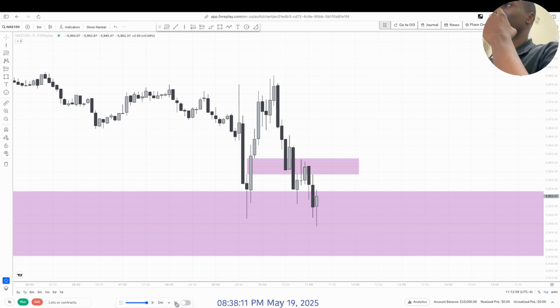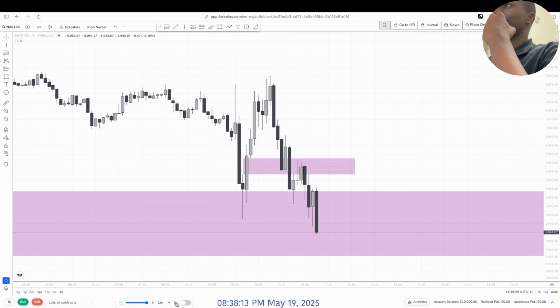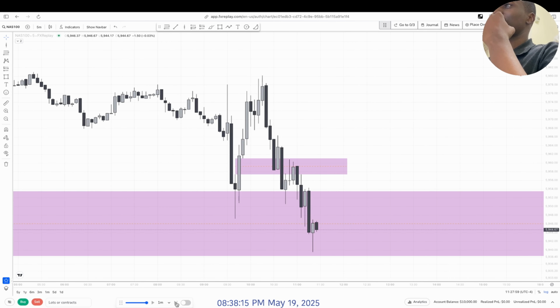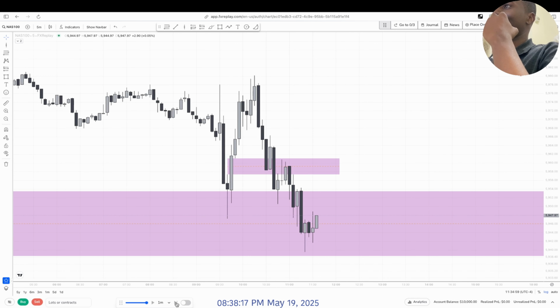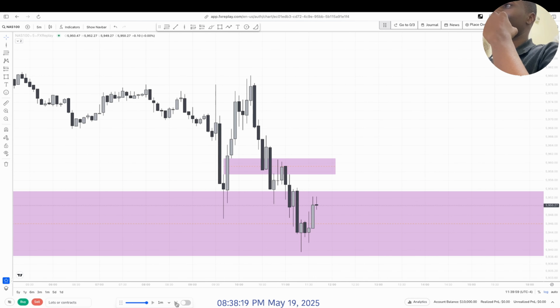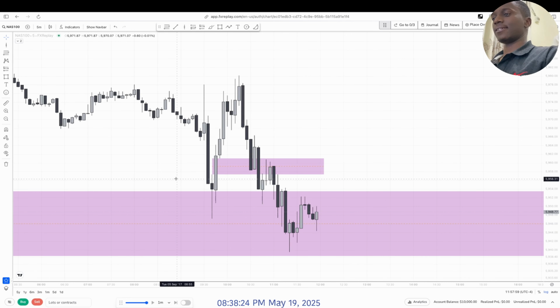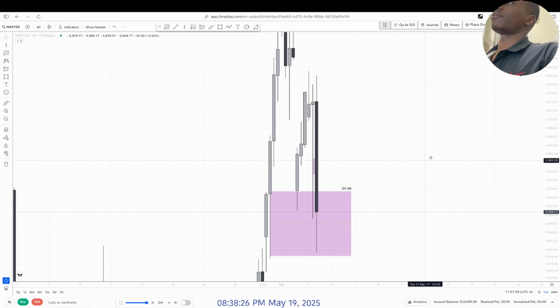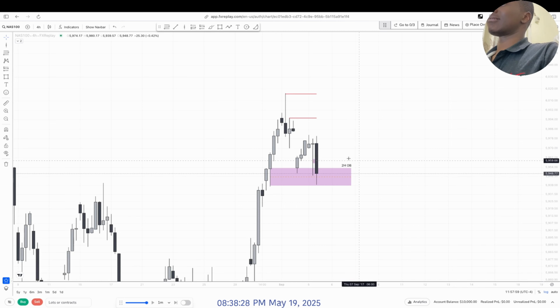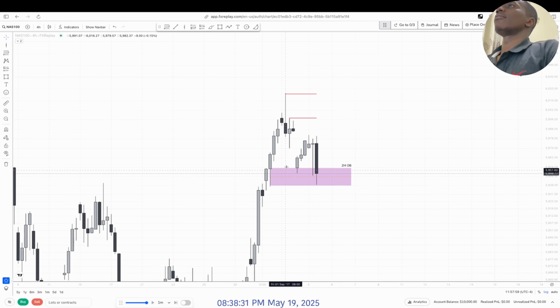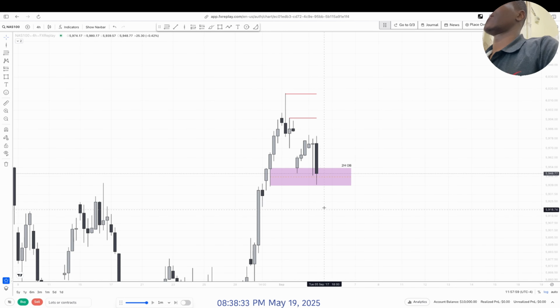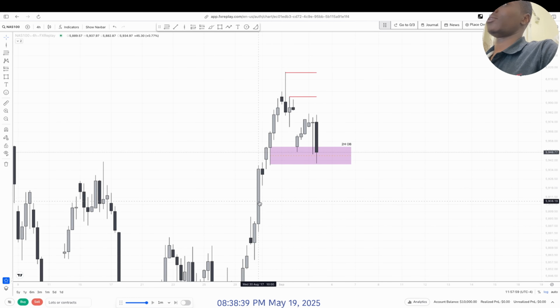So it disrespects our fair value gap, showing our bias is about to be shifted. Okay, so let's base on the higher time frame for this. So now looks like it has shifted already to bearish, and we are still in that 2-hour order block. Now we have a 4-hour fair value gap right here, 4-hour order block right here.